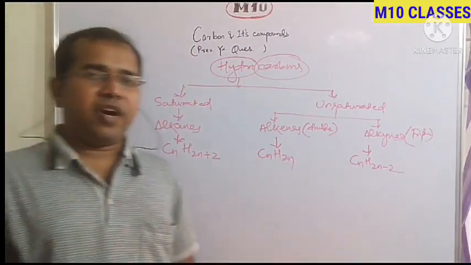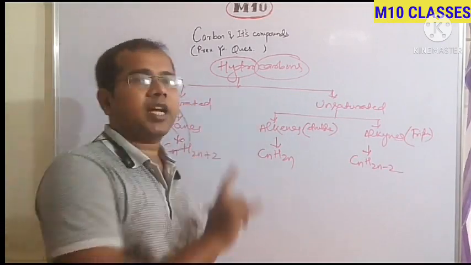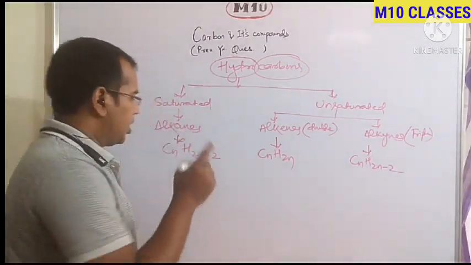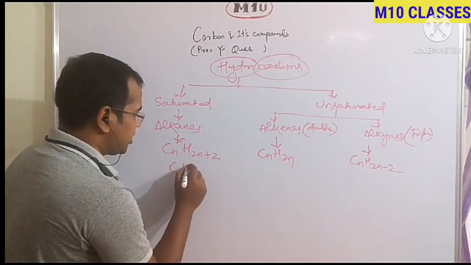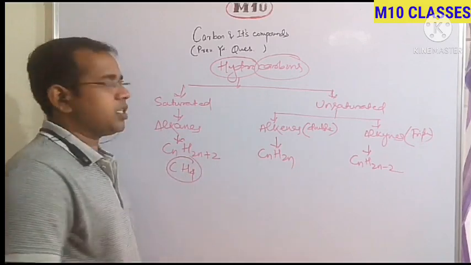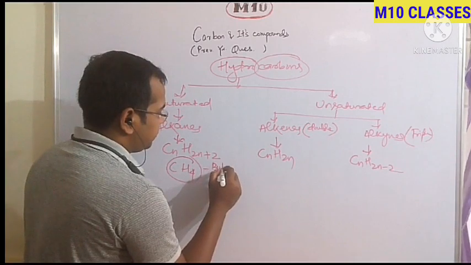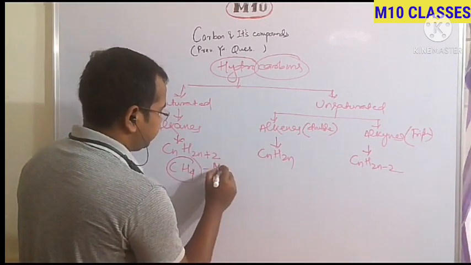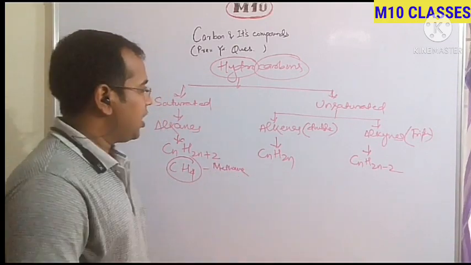The first member of each homologous series of alkane, alkene and alkyne is important. If you put 1 for n here, you get C1, and H4, so CH4. This is the first member of the homologous series of alkane, which is methane, CH4.